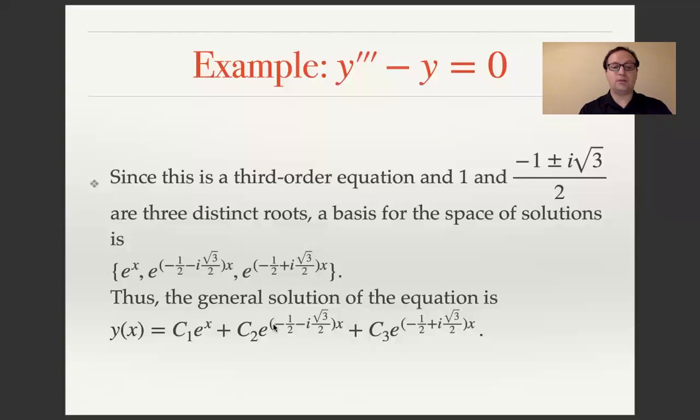This is why we wrote the roots like this. Now it is clear that they are conjugates, minus 1/2 minus i square root of 3 over 2 and minus 1/2 plus i square root of 3 over 2. So u, the real part, is minus 1/2, and v, the imaginary part, is square root of 3 over 2.